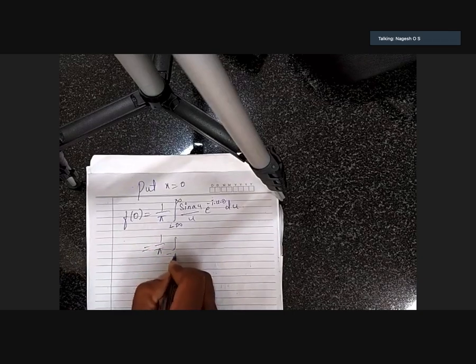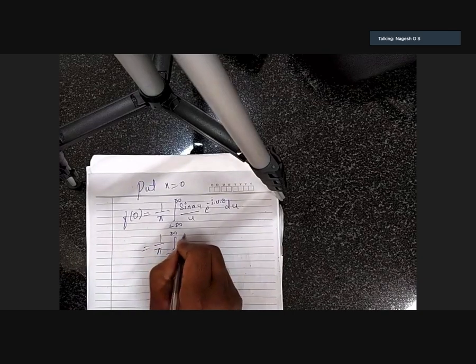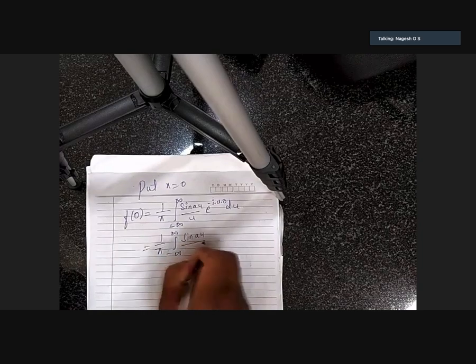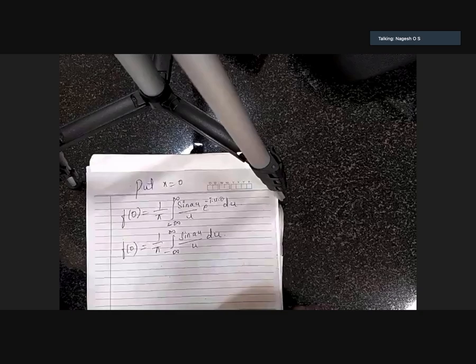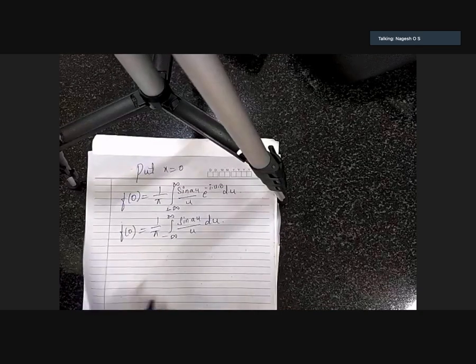That gives 1 by pi integral from minus infinity to infinity of sin au by u du. This is f of 0. But what is f of 0?